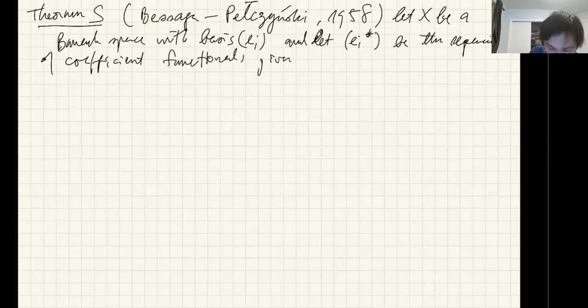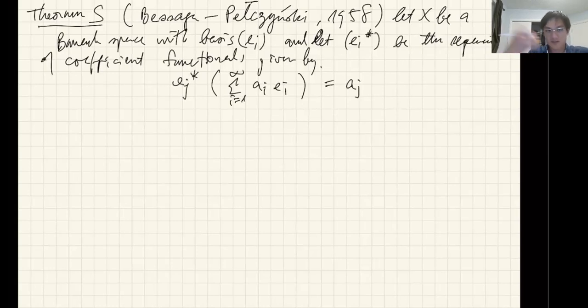And they're given by, so e_j star of x, where x is the sum from i equals 1 to infinity of a_i e_i. So we take an x, we express it as a_i e_i, and then we just take the jth term. So it's the functional that extracts the jth term of an expression like that.